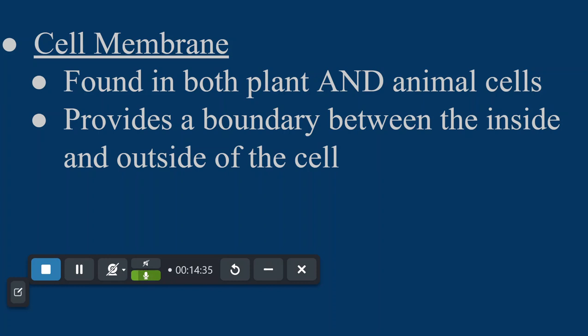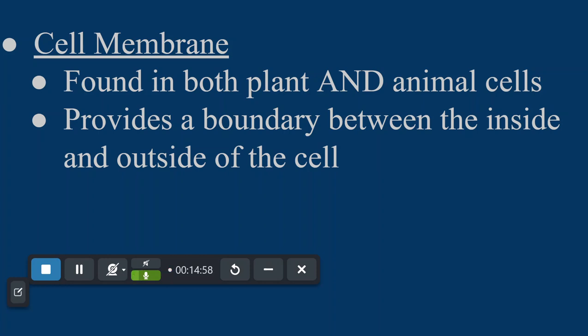So it's almost like a big baggie, and you've got all your cell stuff inside that big baggie, but it's a baggie that is partly permeable. It allows certain things out and certain things back in. And that's important because in order for a plant cell to do photosynthesis, for example, in the chloroplast, we have to have carbon dioxide and water, right? That's how we do photosynthesis.